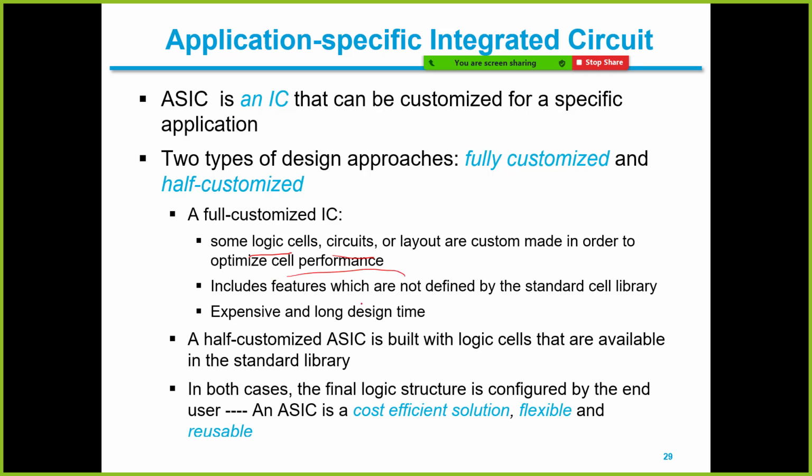It includes features which are not defined by the standard cell library, and is expensive with a long design time. Because this needs to be customized, the design time usually is longer.